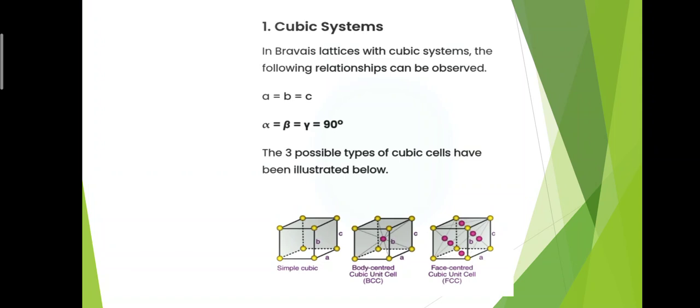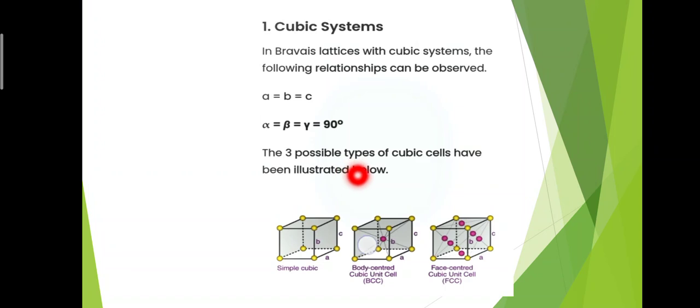Number 1. Cubic systems. In Bravais lattices with cube systems, the following relationships can be observed. A is equal to B is equal to C, and alpha is equal to beta is equal to gamma is equal to 90 degree.